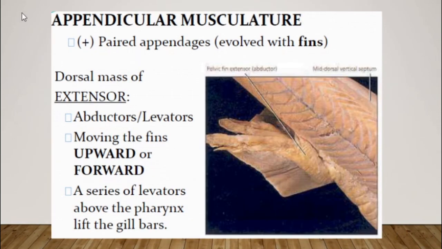Next, the appendicular musculature is already present, which is absent in agnathans, the lampreys. So they already have paired appendages. The dorsal muscle is the extensor. There is a development of abductor levators that are involved in the upward or forward movement of the fins, and a series of levators above the pharynx lift the gill bars.